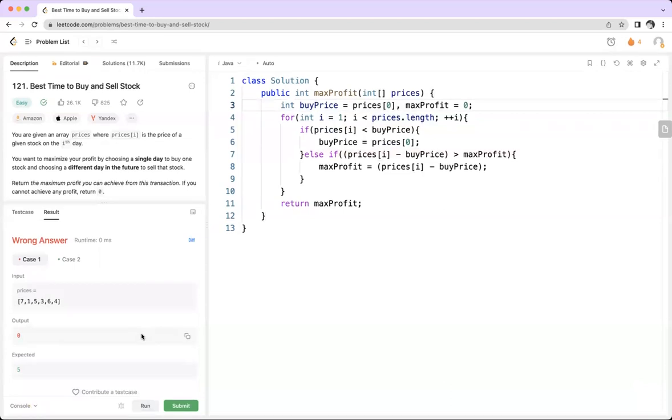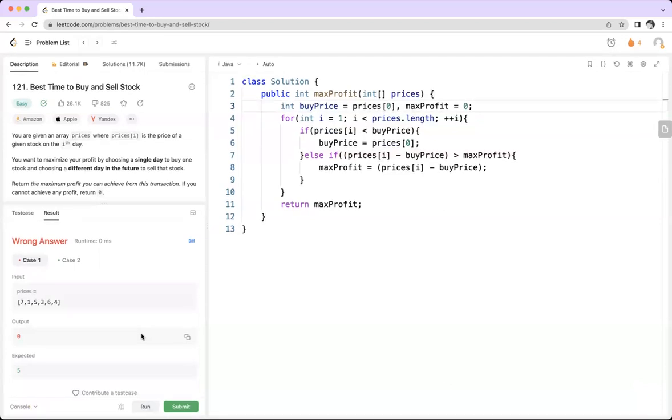It is making this thing 0. So we should be buying at 1 and then selling at 6. So if prices[i] is less than buy price, oh my goodness, then we should set the buy price to prices[i]. Okay, now it's accepting. Now we'll submit this.